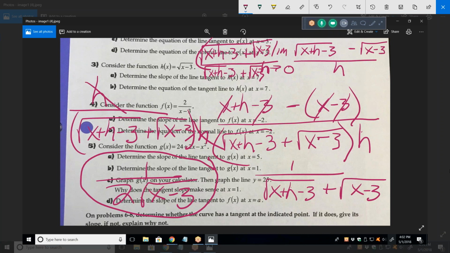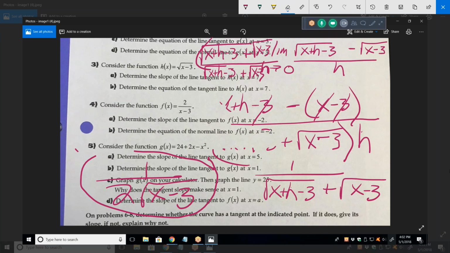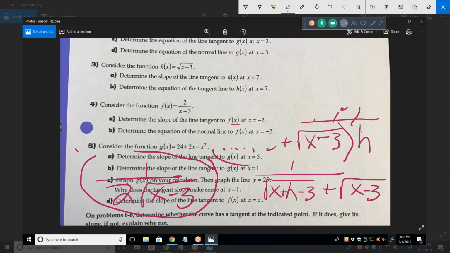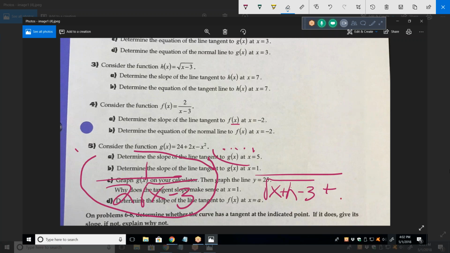So the slope at 7, now let me erase just a little bit more. I don't want to erase my answer. That's an important answer. And by being robust, what I mean is that now we can figure out the slope of the tangent line at whatever x they want to give us. Remember when I drew that graph, it was sloping, so the slope of the tangent line changes.